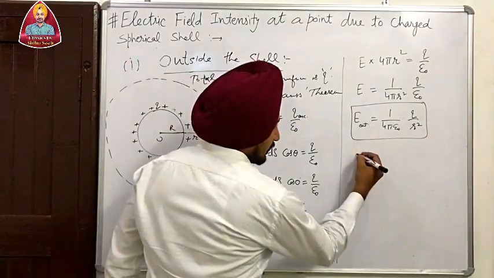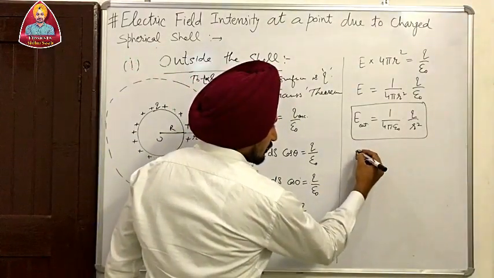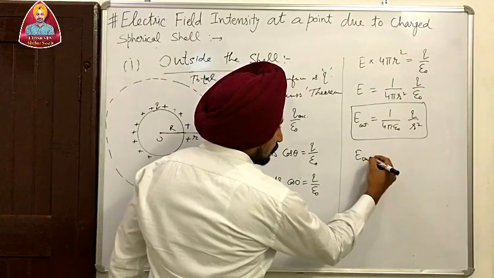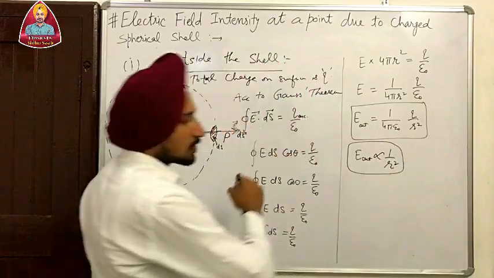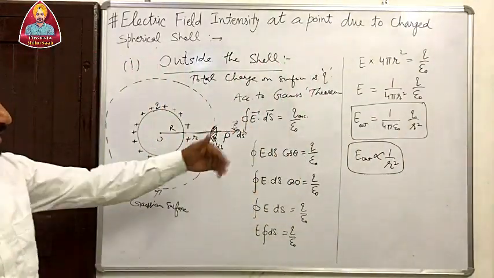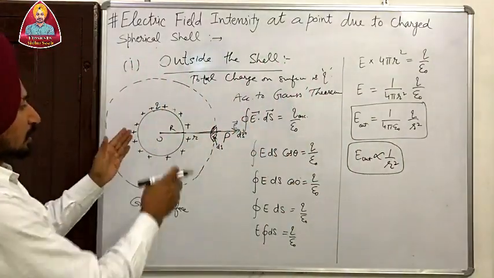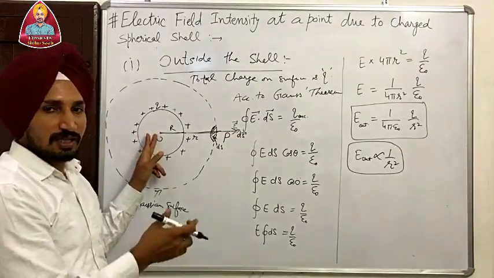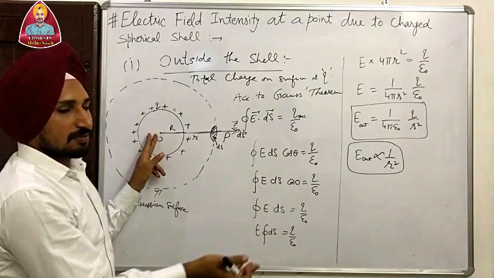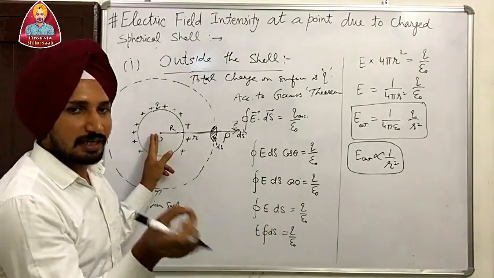What do we see in this result? We are seeing that E outside is inversely proportional to r square. The more the distance of the point P from the center of the spherical shell, the lesser will be the electric field intensity at that point.